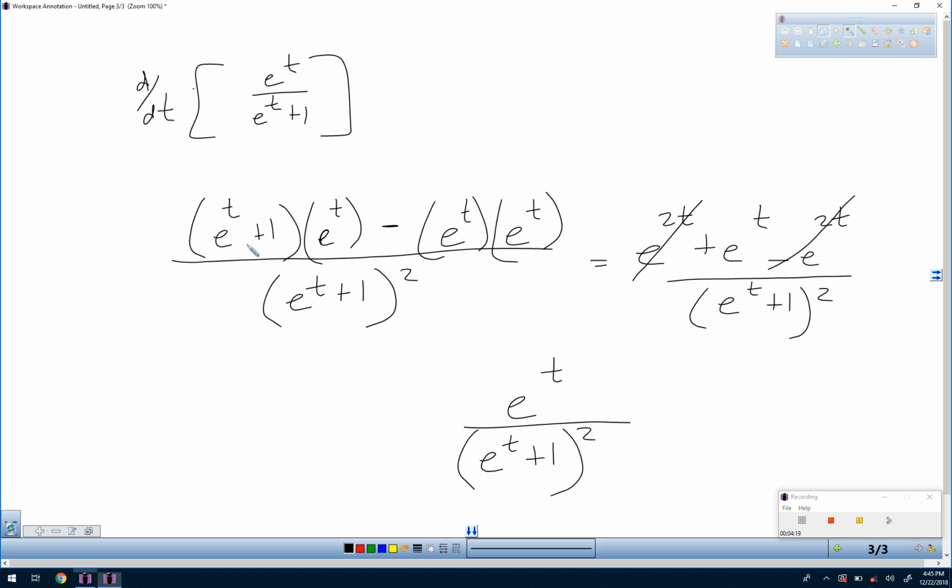So I got low d high minus high d low, all over low squared. Let's try another one that's similar to that.